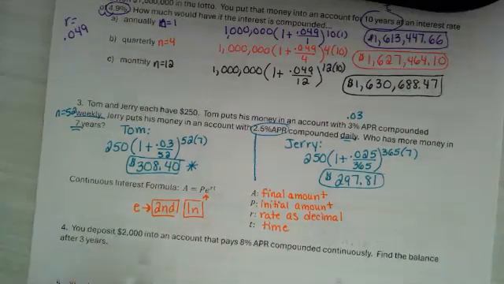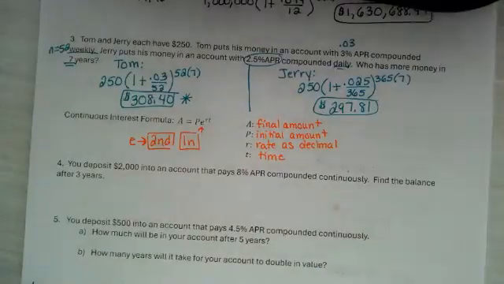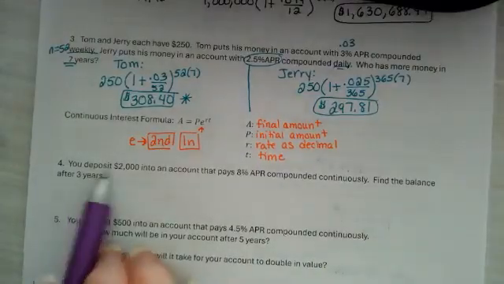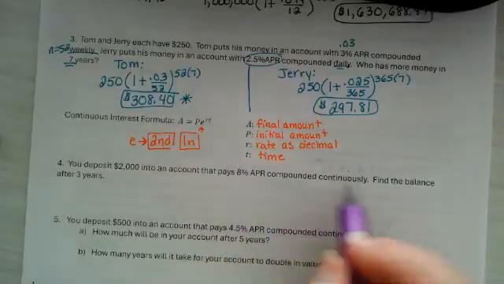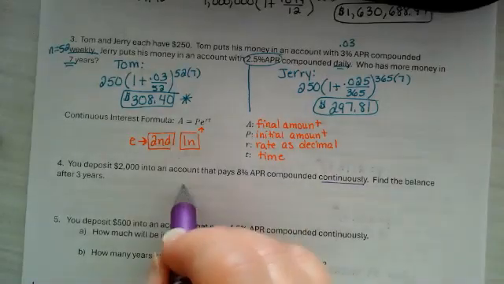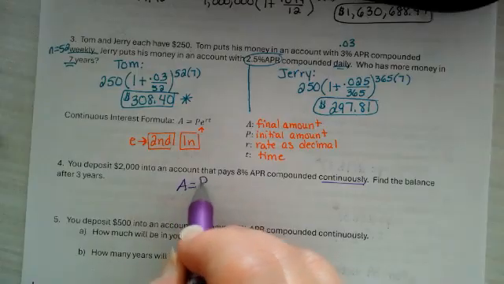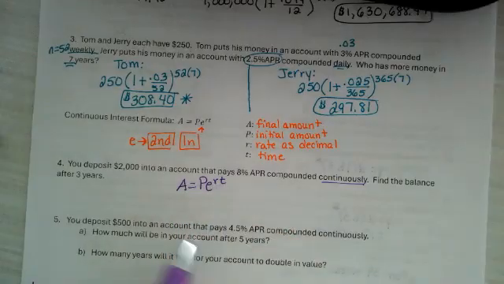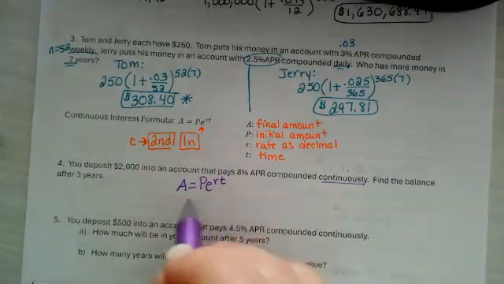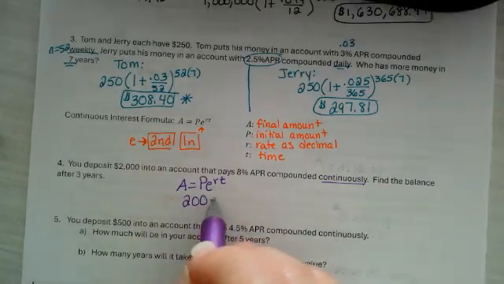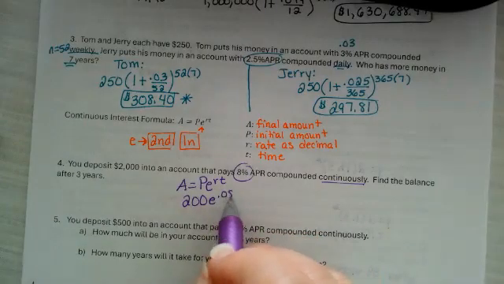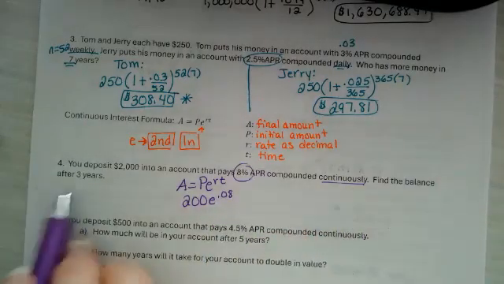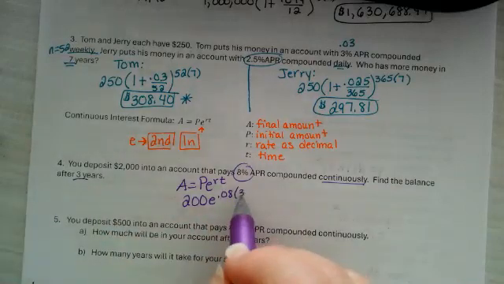So here we go. They're going to tell us it's compounded continuously, and so we know to go to this formula. You deposit $2,000 into an account that pays 8% compounded continuously. So A equals P e to the rt. P is my initial amount, my 2,000, e to the power of 8% as a decimal for 3 years.